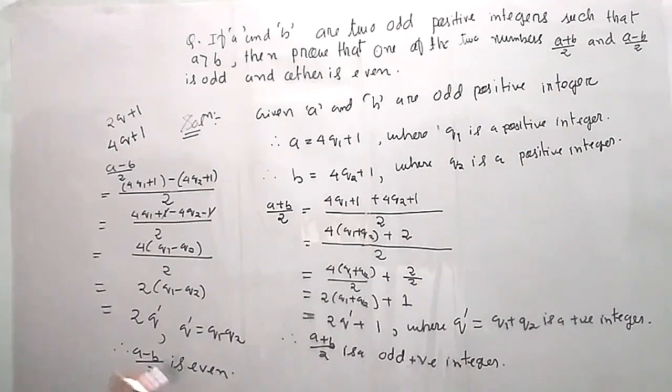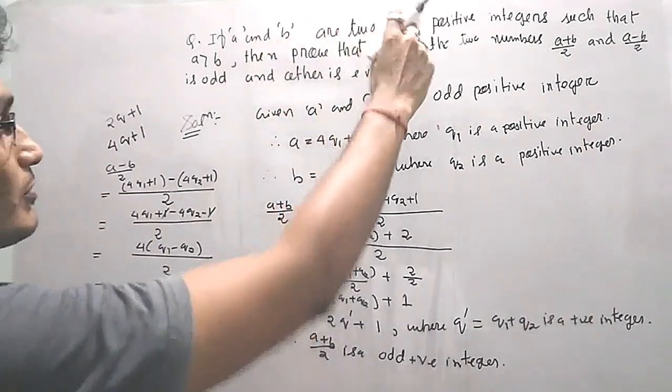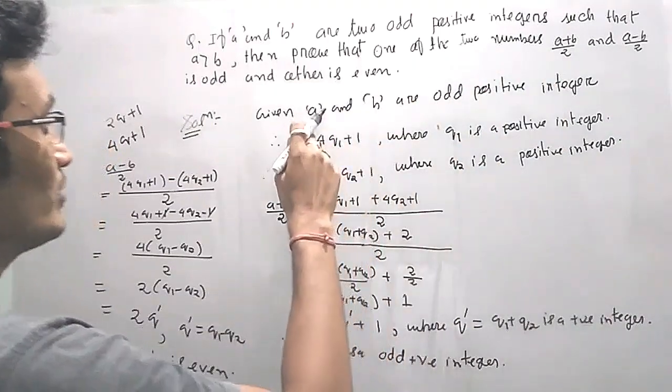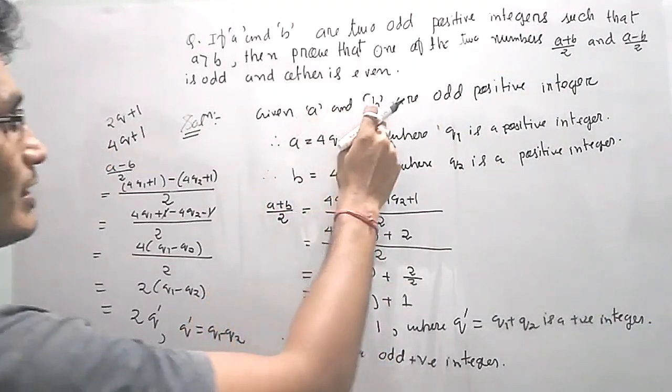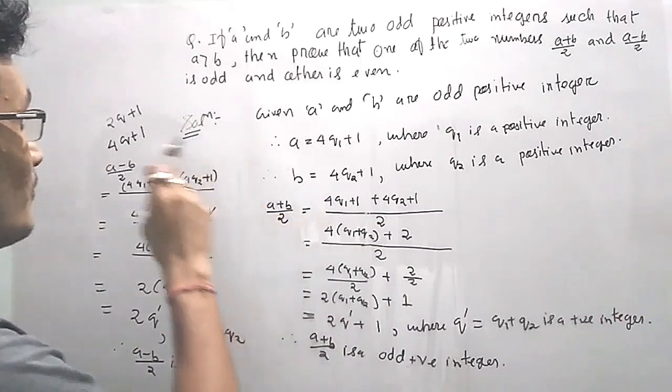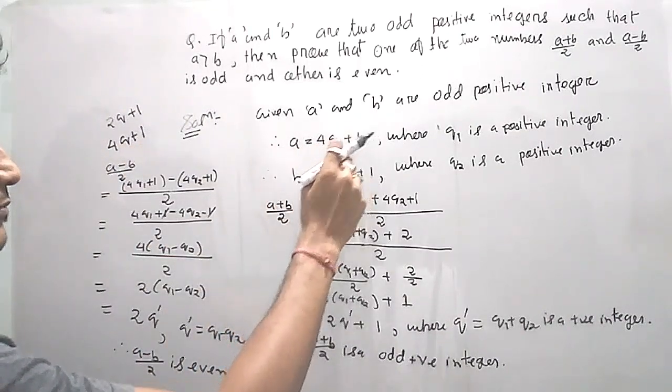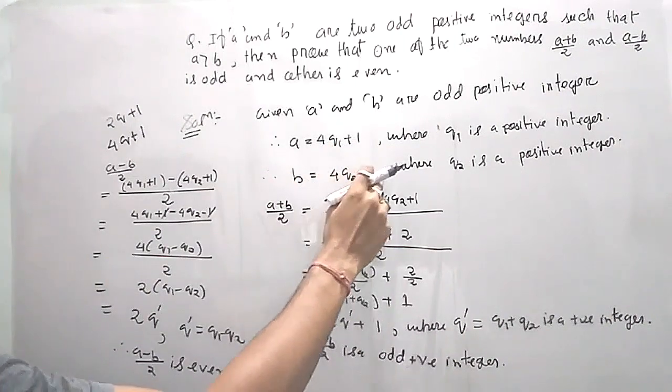So just repeat the steps. Since a and b are odd positive integers, as given, and we know that odd positive integers can be expressed in the form 4q plus 1, therefore a equals 4q1 plus 1. Similarly b is also 4q2 plus 1.